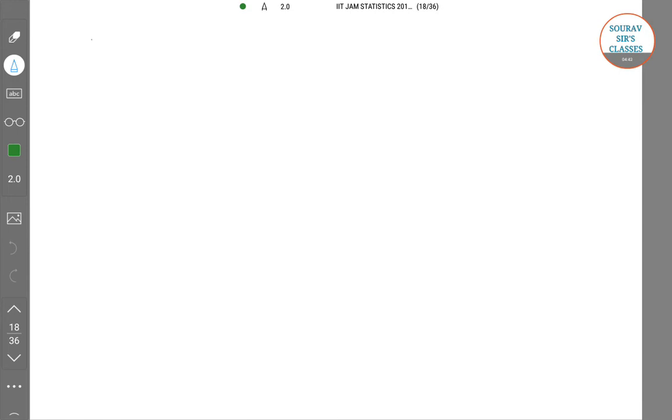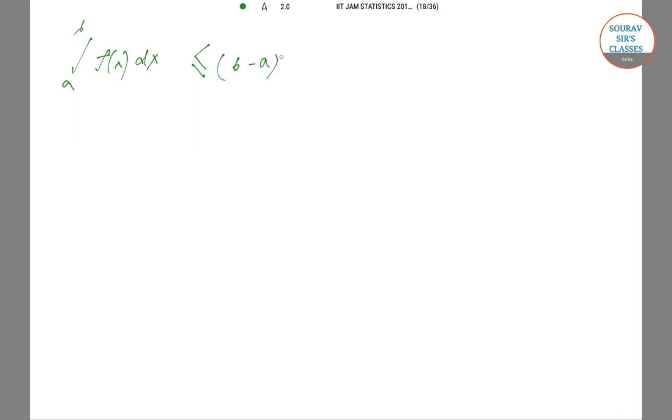Now the integral of f(x) dx is hence less than (b - a) squared by 2 from the first of the previous integrals and (b - a) squared by 2 from the second, which makes it (b - a) squared.